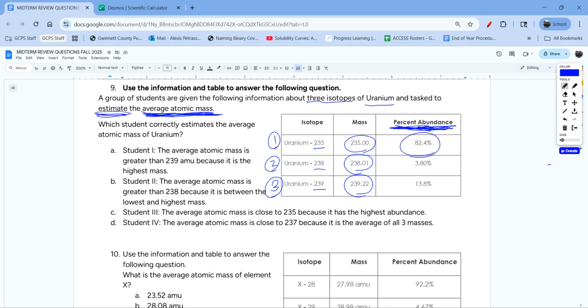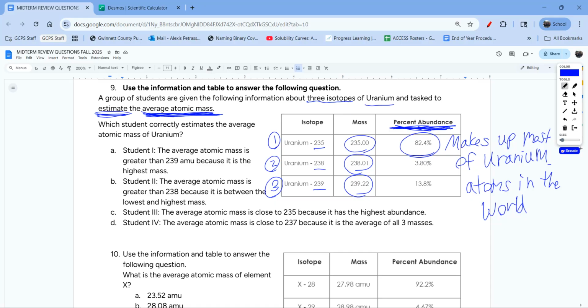So, of uranium, most of it is made of uranium-235, meaning it makes up most of uranium atoms in the world or universe. If you were to pick up a piece of uranium or a little uranium atom, most likely 82.4% of the time it's going to be uranium-235.